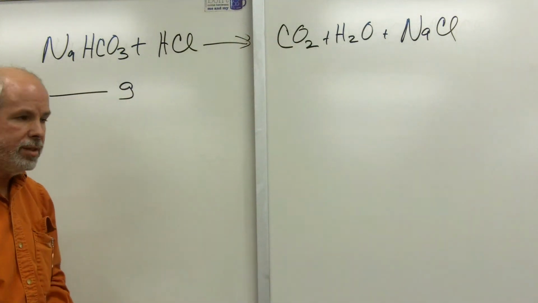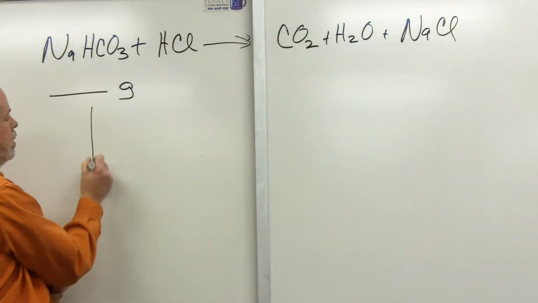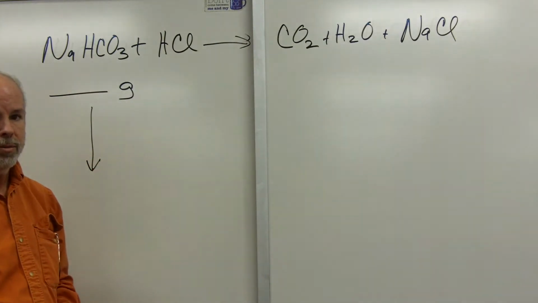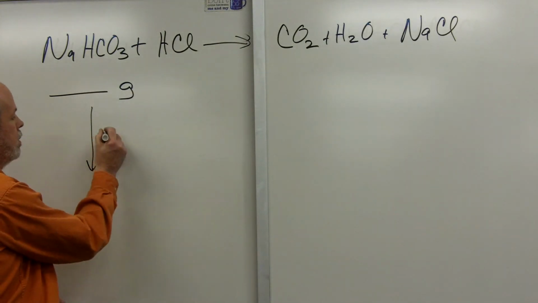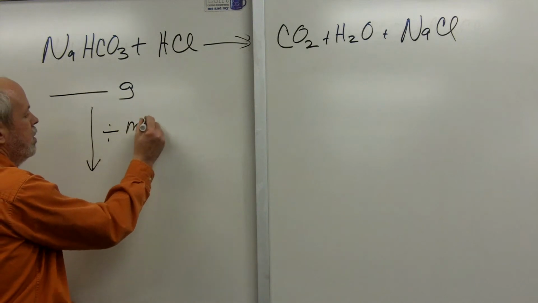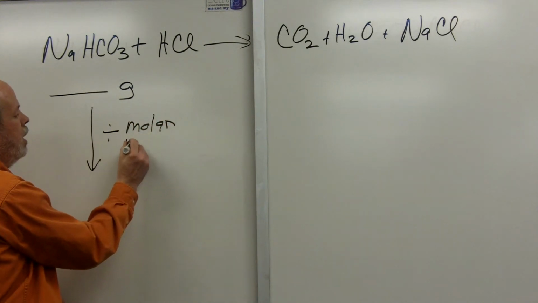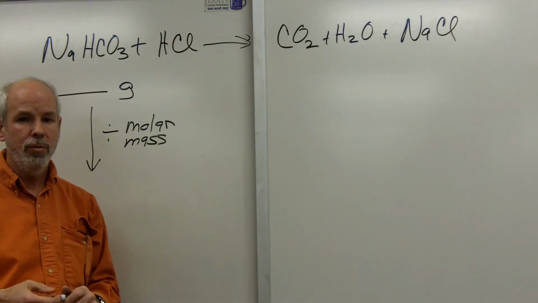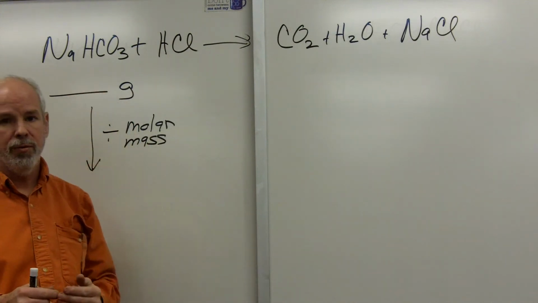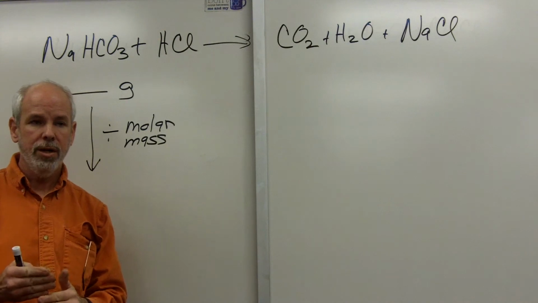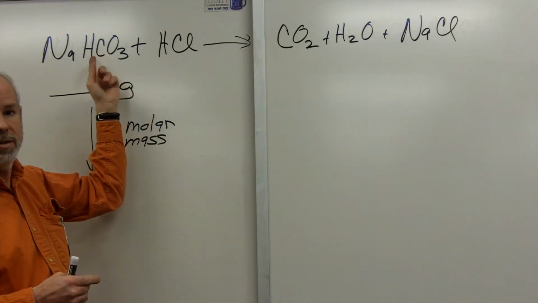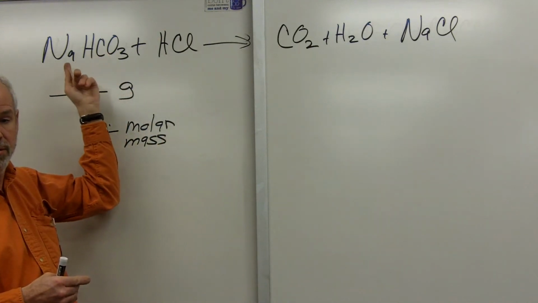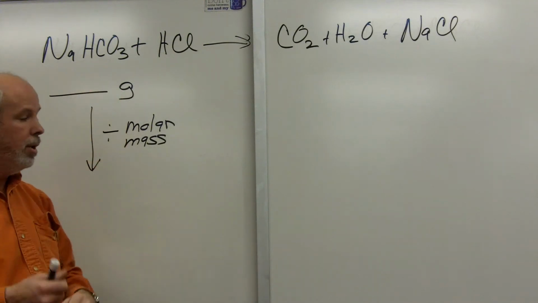So like we did last week, to convert the grams of something to moles, you always divide by the molar mass. Now the molar mass of this compound can be found by looking at the periodic table and finding the molar mass of all the atoms in the compound and adding them all together.